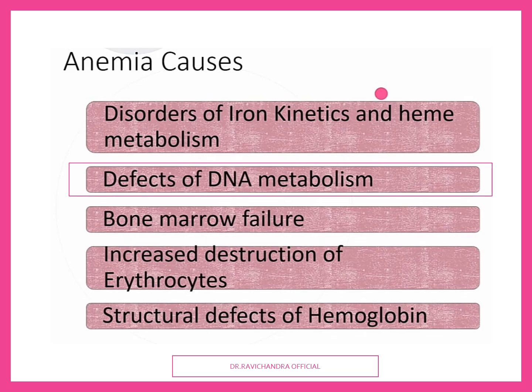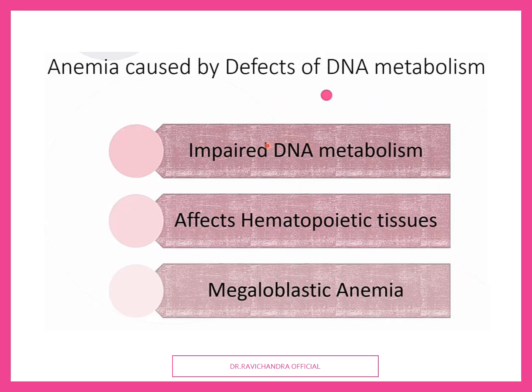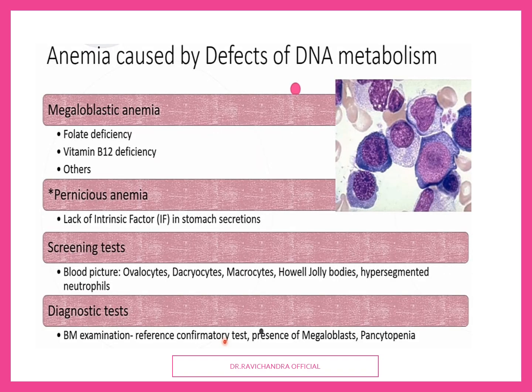The next cause is anemia because of defects of DNA metabolism. Anemia caused by defects of DNA metabolism can be because of impaired DNA metabolism, any defects in hematopoietic tissues, and megaloblastic anemia. Megaloblastic anemia causes will be folate deficiency, vitamin B12 deficiency, and other diseases.